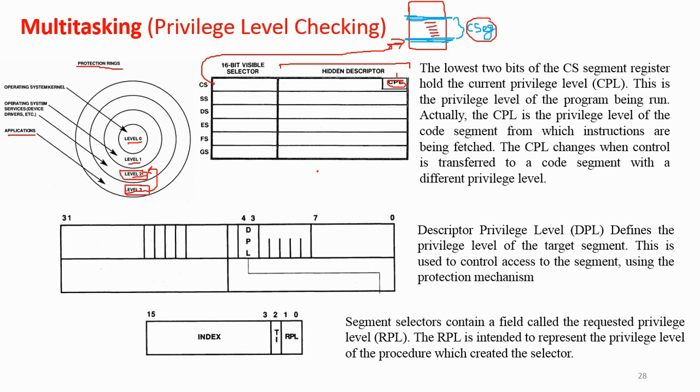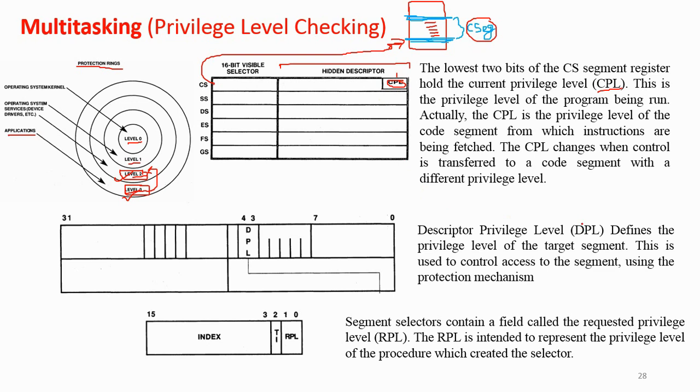In this case the CPL related to this task will get changed when the transfer happens. Now this is the discussion related to CPL. From this discussion you might have got an idea of what CPL means and how it plays an important role while task switching.